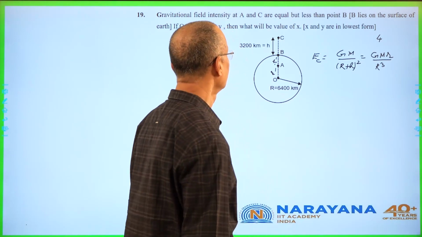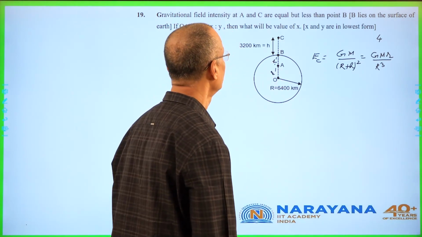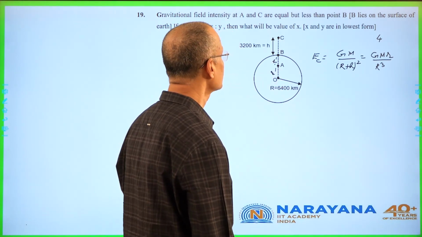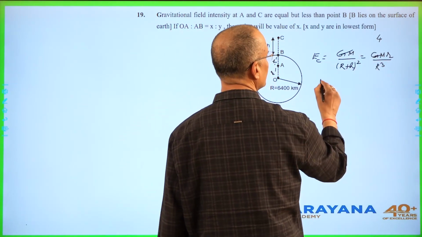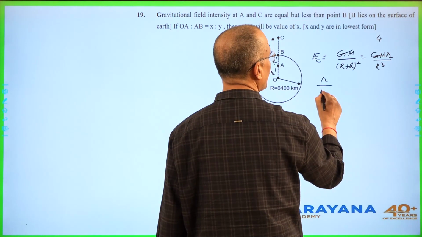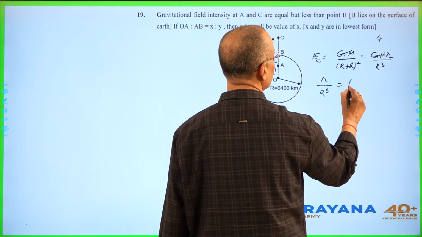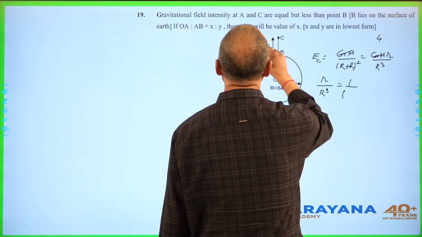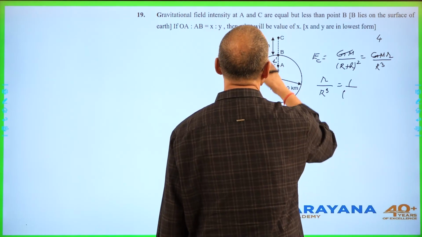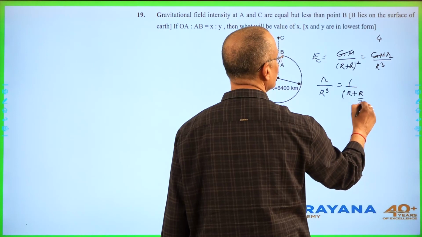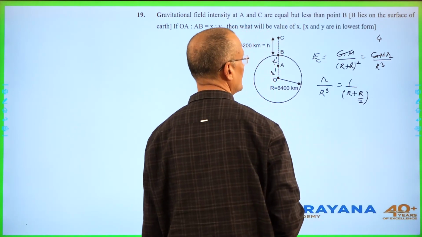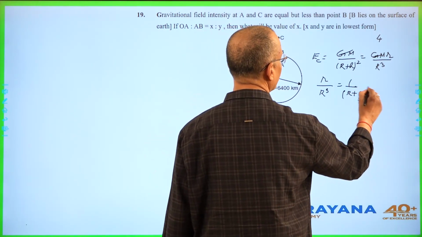Am I right? When you are going here, you can easily calculate from this. GM cancels, R by R cube is 1 by 3/2 R plus R by 2 S squared.